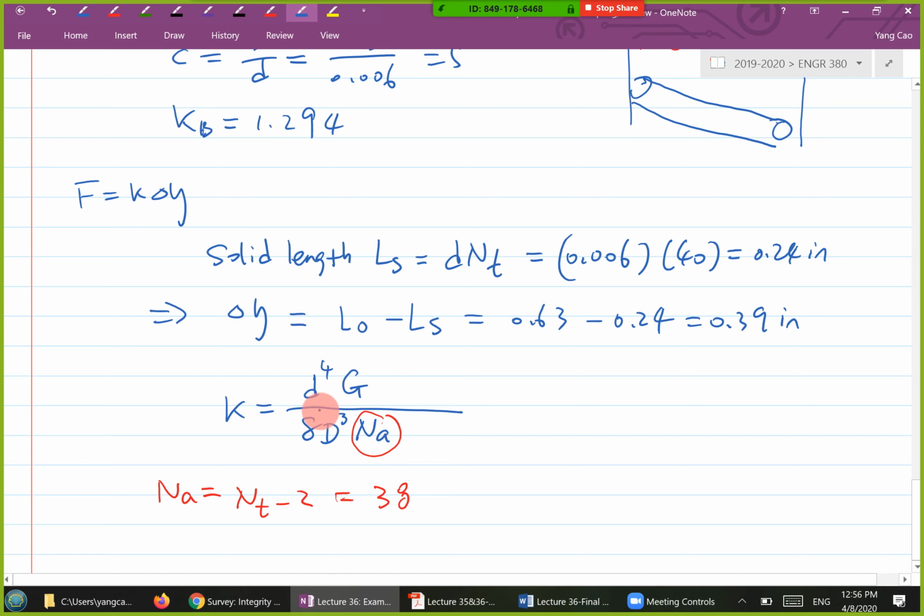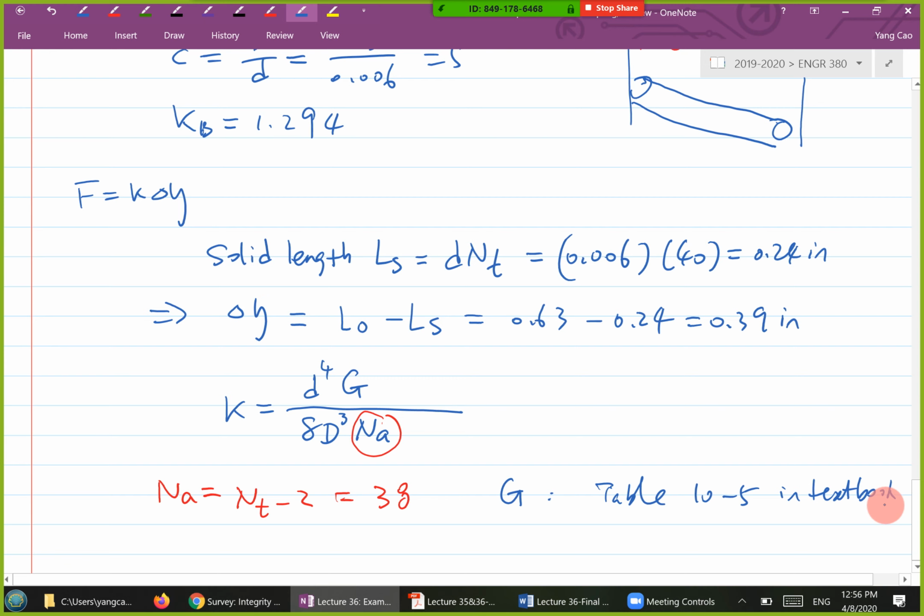And you already have small d and capital D. G is the shear modulus. So G, I don't have the table here. You need to look at the table 10-5 in the textbook. Look for the material given by the question, which is a music wire.